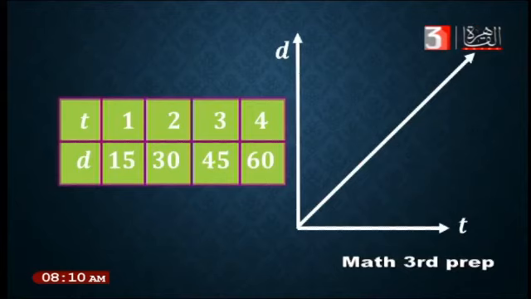So this is going to be a direct relation. The direct relation is an increase in both distance and time, or a decrease in both of them. So let us see the meaning of direct relation or direct variation and how to represent it.